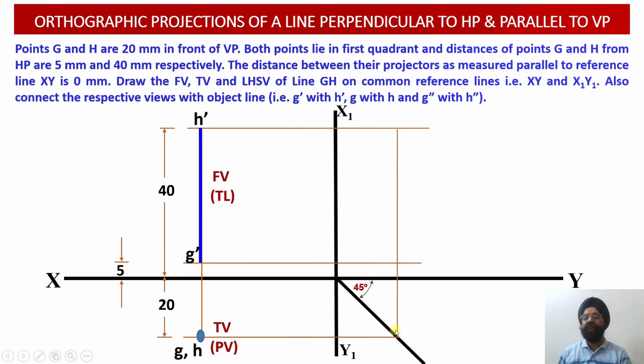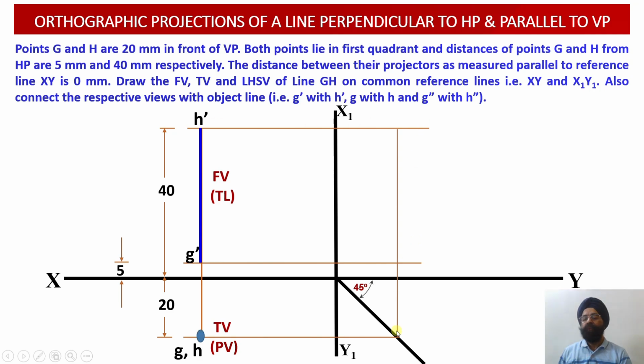And the moment we take the vertical projector from this point over here, this vertical projector will be extended into the profile view projection, where it will be intersecting with the horizontal projection locus lines which are emerging from the points G dash and H dash.